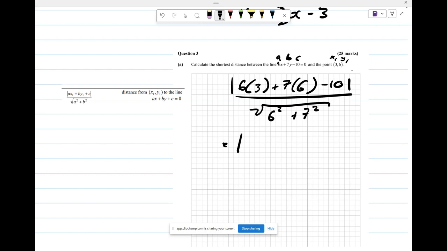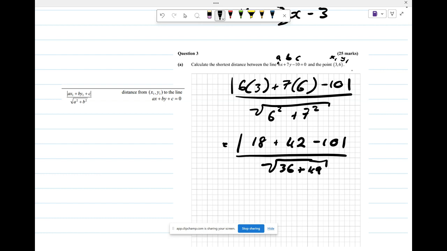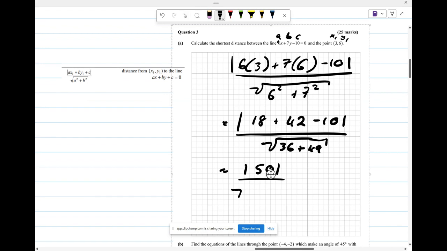So that's going to be 18 plus 42, then minus 10. And all that's going to be over square root of 36 plus 49. So that's going to be 42 plus 8 is 50, all over the square root of 85.